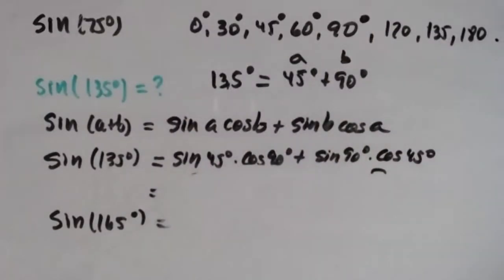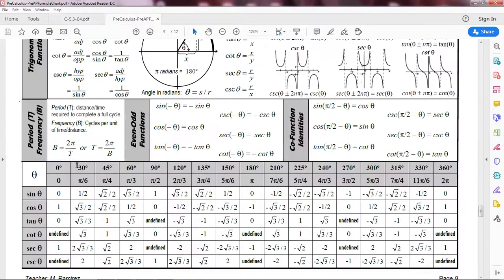Remember, these are the values in the table. So technically, we can use any. Right here, this one, right? You see, 30, 45, 60, 90, 120, 135, 150, okay, 150, 180, right? And so on. Let's see.